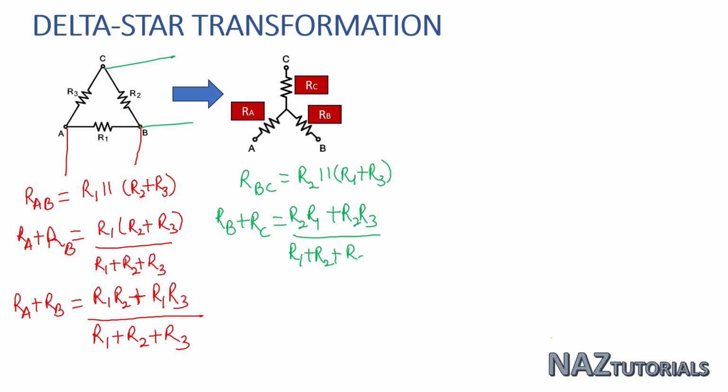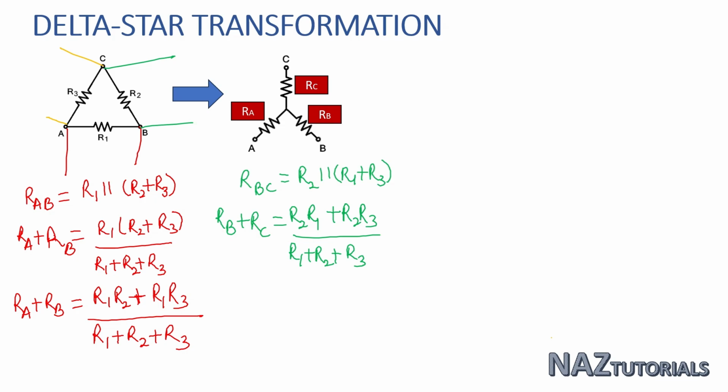Now let's see the resistance between point C and point A, that is RCA. These are the points. This RCA is R3 in parallel with R1 plus R2.